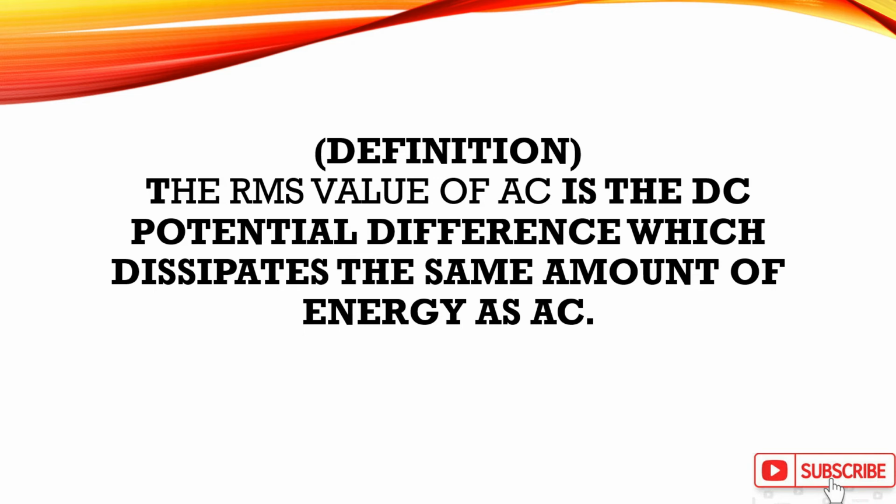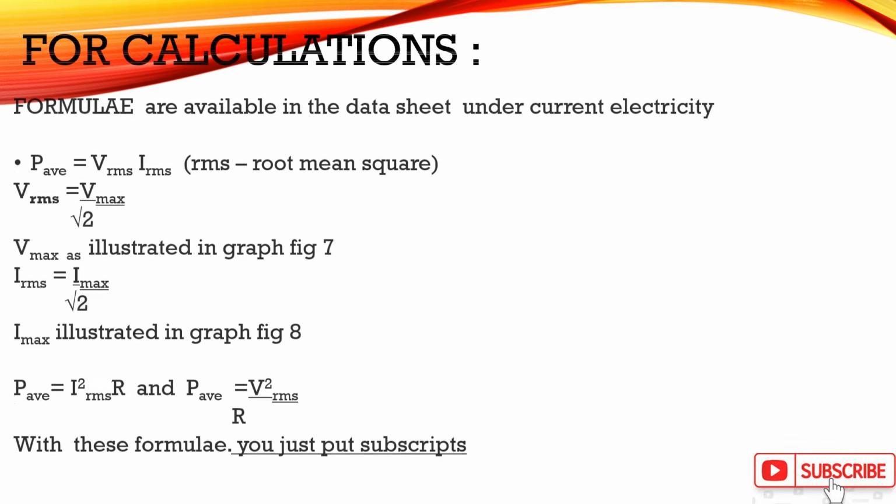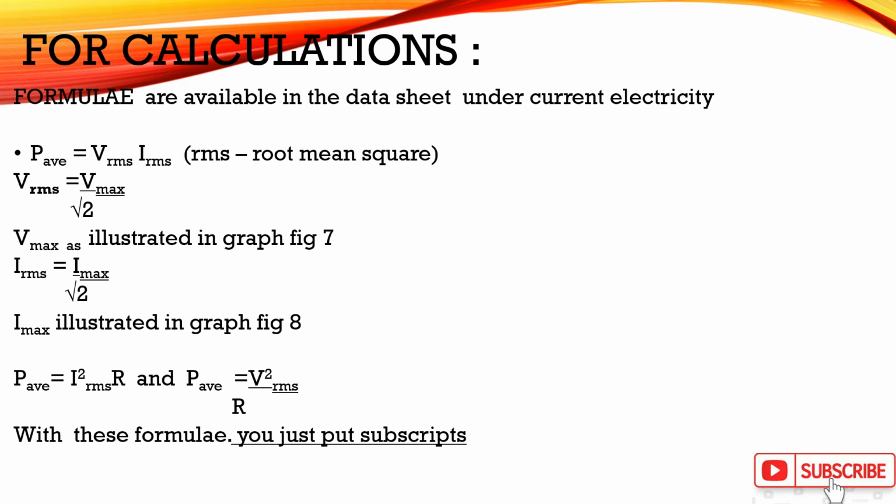The RMS value of AC is the direct current potential difference which dissipates the same amount of energy as alternating current. For calculations, the formulae are available in the data sheet under current electricity.